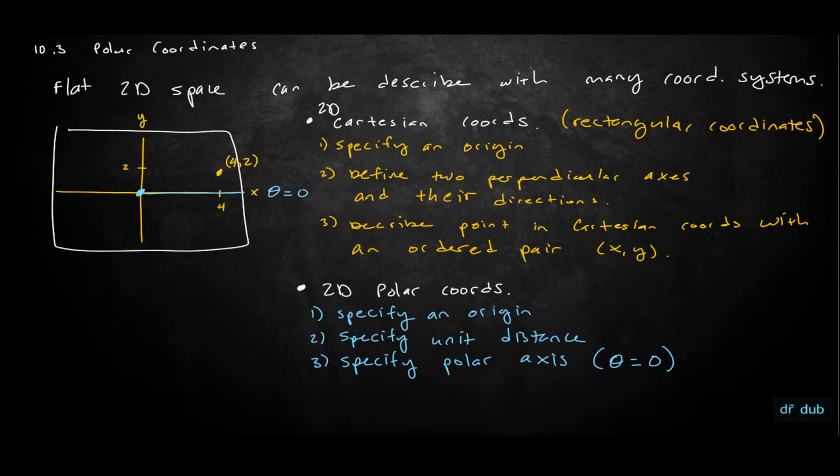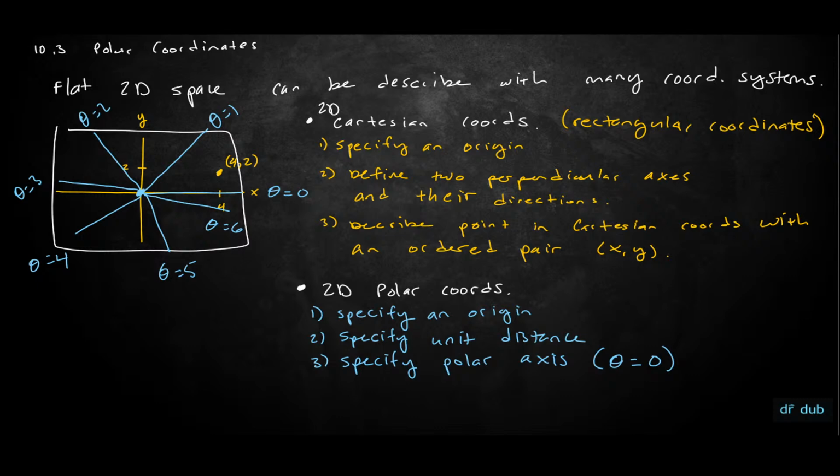And then every point in the polar coordinate system is going to be somewhere on a circle. At theta equals 1 radian, we have another coordinate. Theta equals 2 radians, theta equals 3 radians, and so on: 1, 2, 3, 4, 5, and 6.